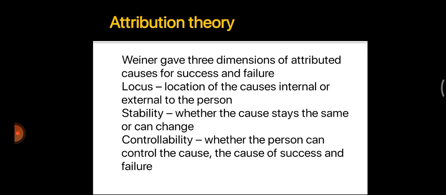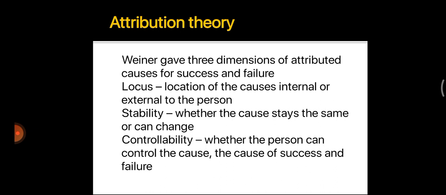If success or failure is attributed to an internal factor, success will lead to pride and increased motivation. Then the stability dimension. This is related to the expectancy about the future. If the attribute is unstable, like mood, then the expectancy of failure is less.